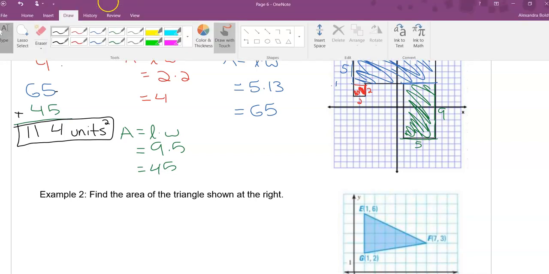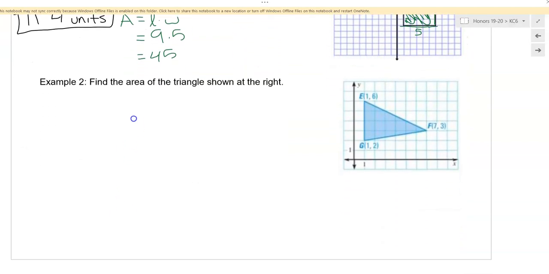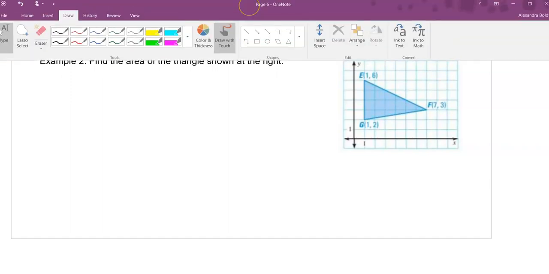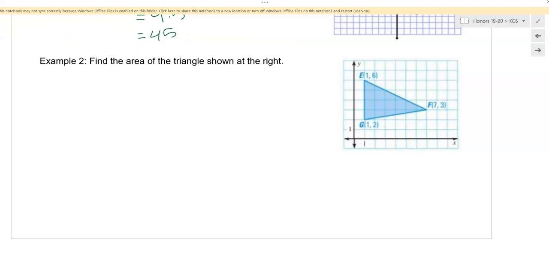All right, looking at example 2, find the area of this triangle. So again, with the triangle, we need a base and a height, and they have to meet at a right angle. The easiest way to do that is find one line that goes straight, straight up or down, or straight left and right.